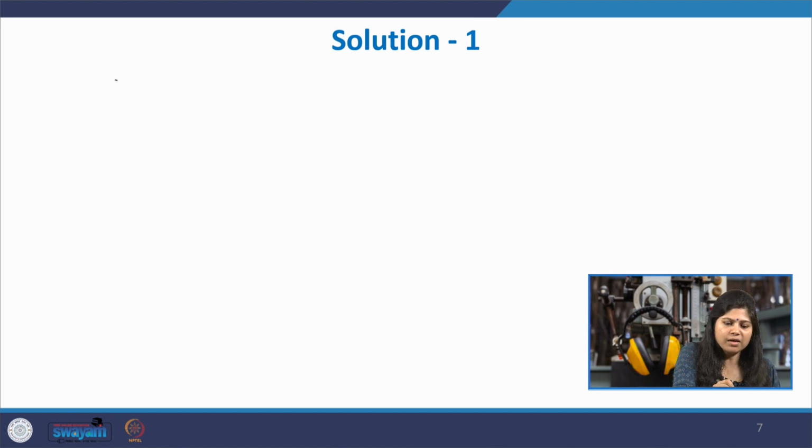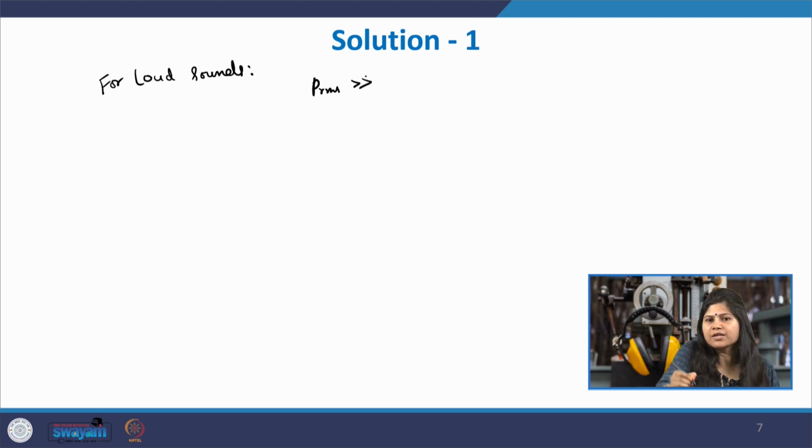In the same way, with the same logic, for loud sounds, if it is very loud, PRMS value could be very large, and in the last lecture I told you that the microphones themselves have a dynamic range, which means that there is a limit to the amount of sound they can record, or the highest decibels of sound they can record.